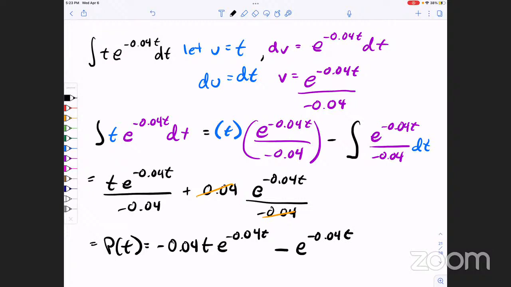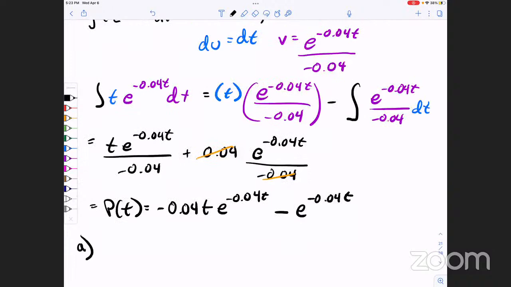Okay, so then I think part A was asking us to find p of 24, right? Whew. All right, so let's plug it in when t is 24.